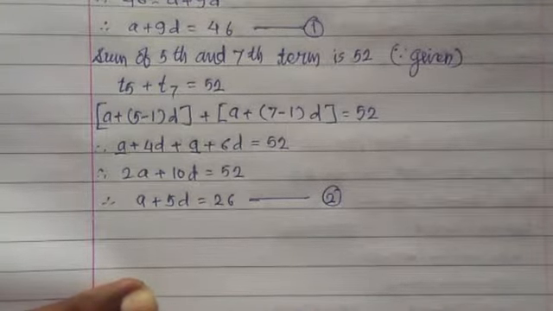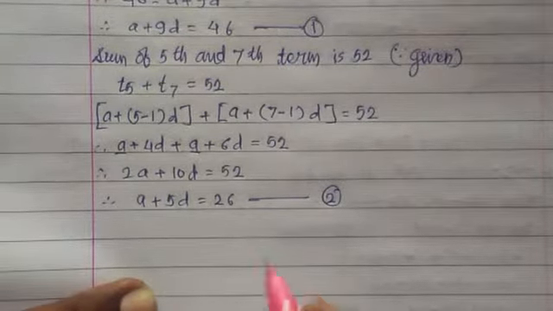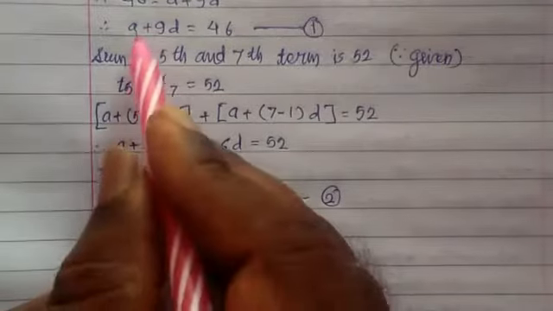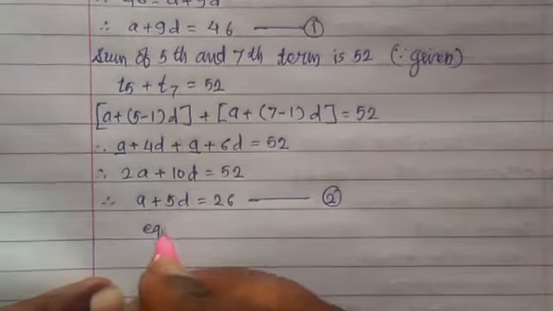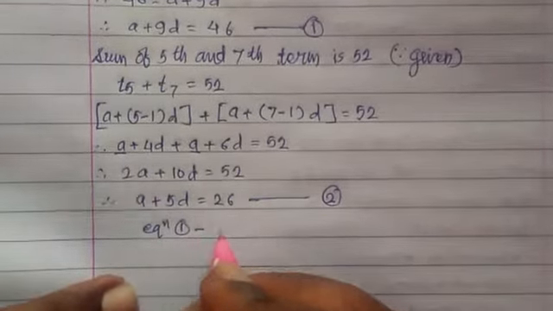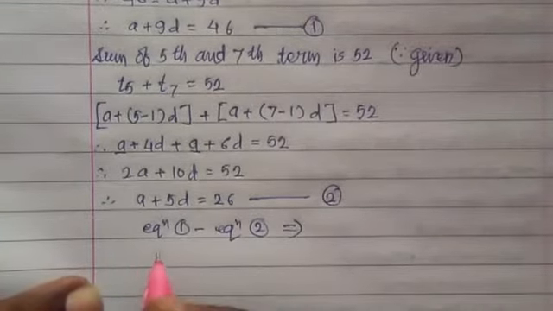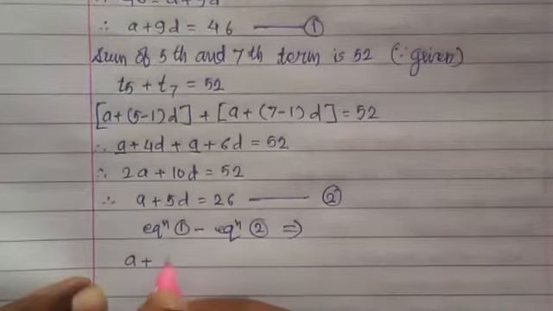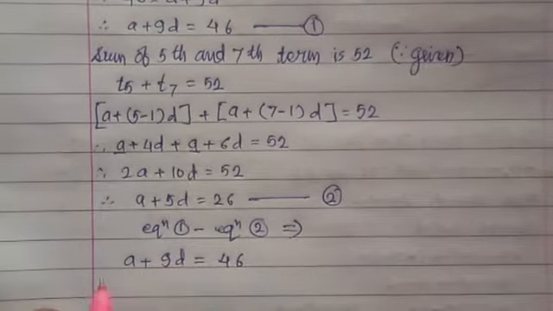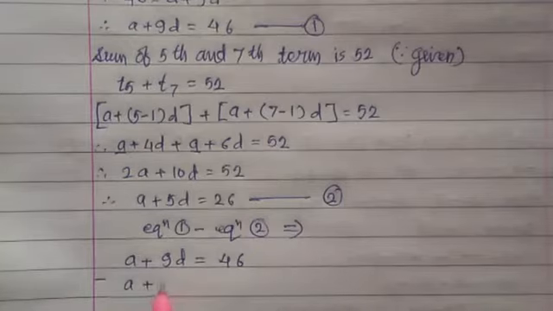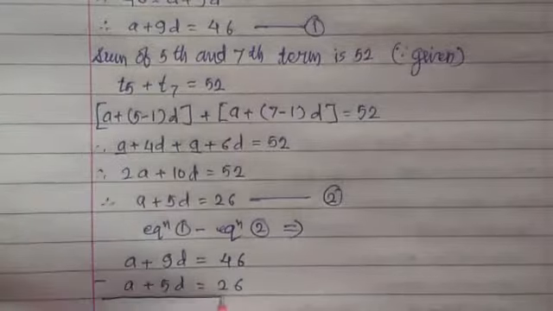Now on solving equations 1 and 2, we get, now equation 1 is here, A, we can subtract, equation 1 minus equation 2 gives: A plus 9D is equal to 46, then minus A plus 5D is equal to 26.